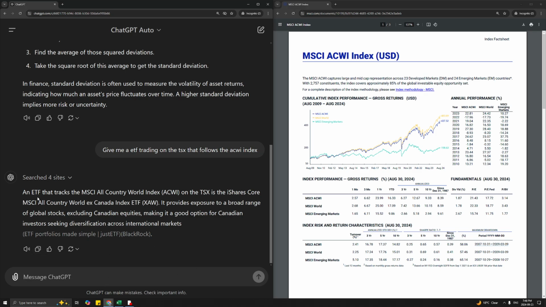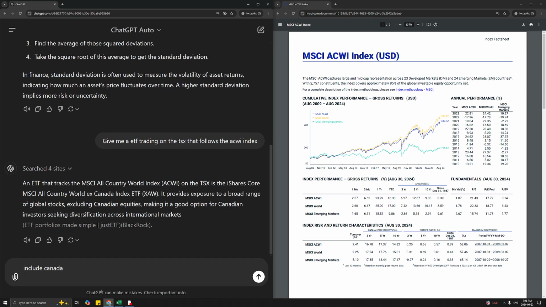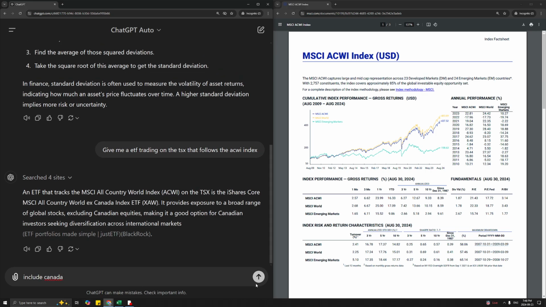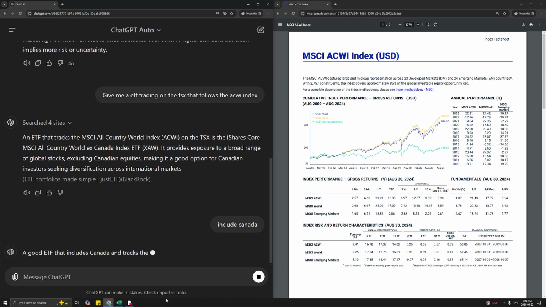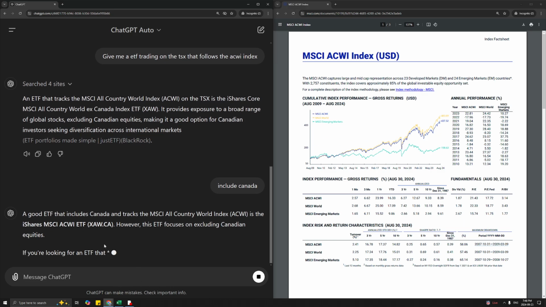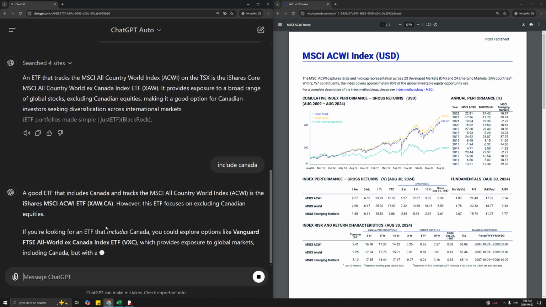Nah. An ETF that tracks the MSCI All Country World Index is the iShares Core MSCI All Country ex Canada Index. Oh, that sucks. Include Canada. Okay, this is XAW.